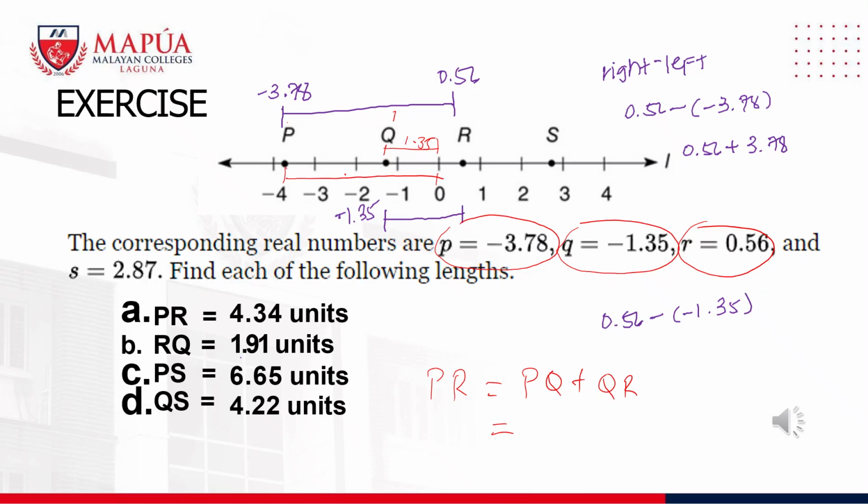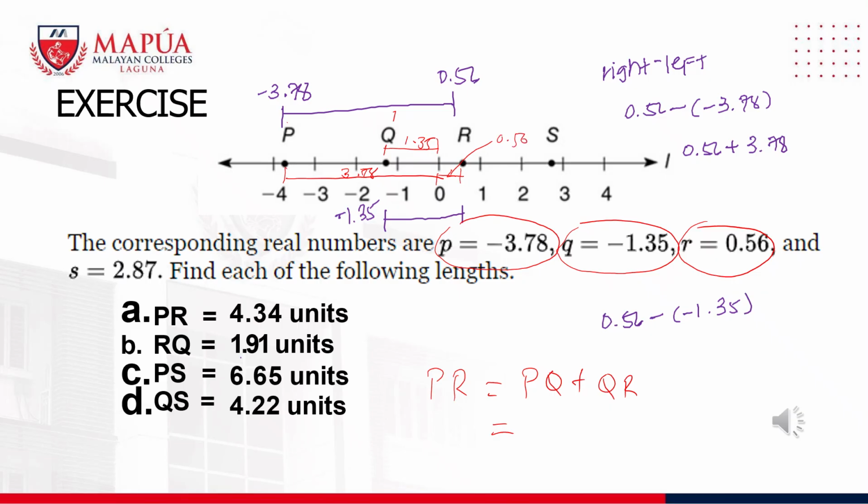3.78. So 3.78. And R is the distance from 0. So this is R. This distance here is equal to 0.56.